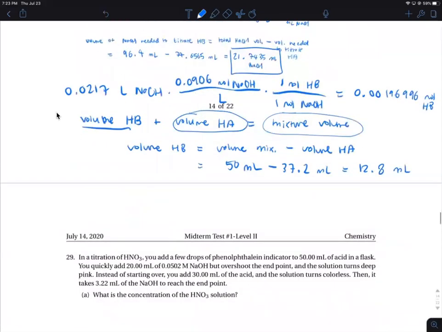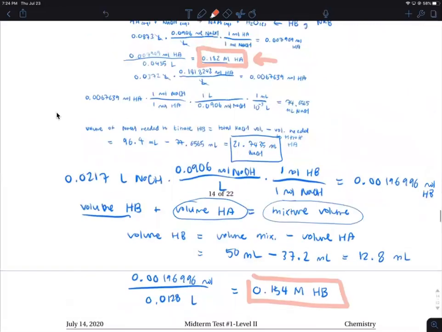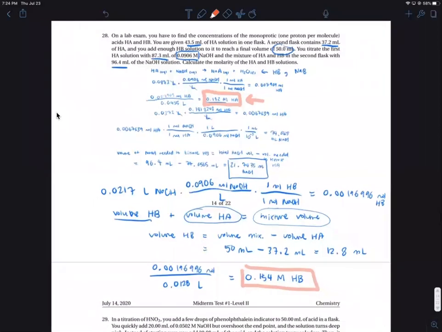And we were just finding the molarity of the HB mixture by taking the moles and dividing by the volume, which is 12.8 milliliters or 0.0128 liters. That gives us around 0.154 molar HB solution to 3 sig figs. So there's that one.